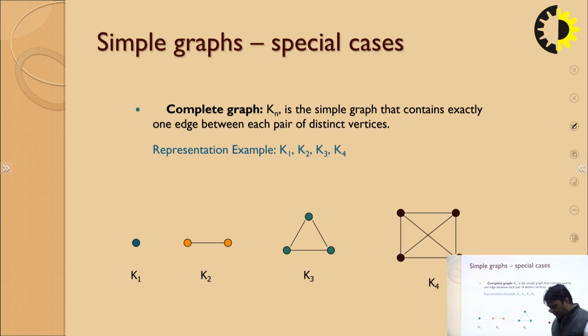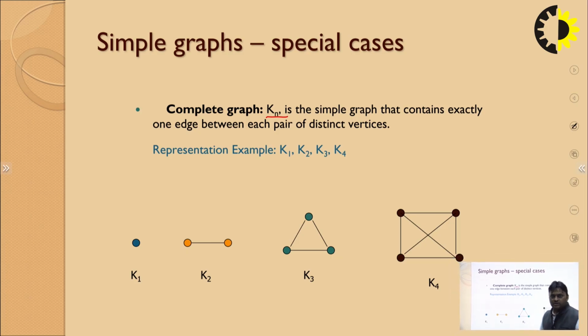Complete graph. A complete graph is represented by the symbol Kn. Here the examples are K1, K2, K3, K4, which are complete graphs. Complete graphs are those in which all the vertices are connected with all the remaining vertices.